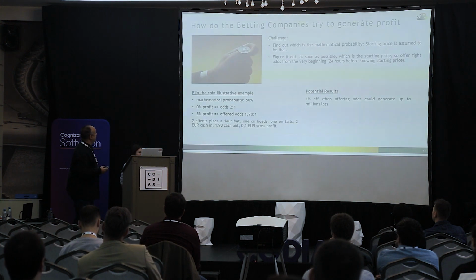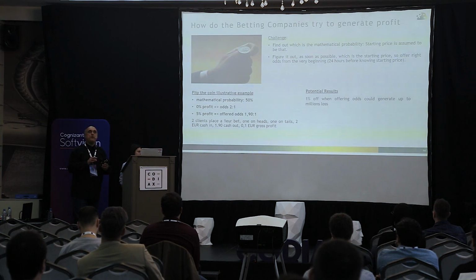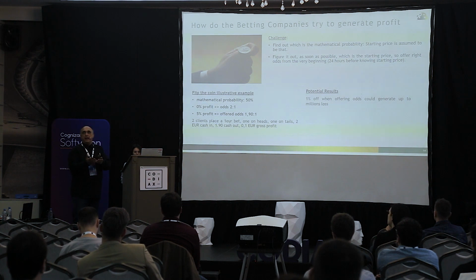But let me try to make it clear what the all-weather model works for. We take a theoretical, hypothetical situation of an event of flipping a coin. Mathematically, what is the probability of having tail or head? It's 50-50, obviously.